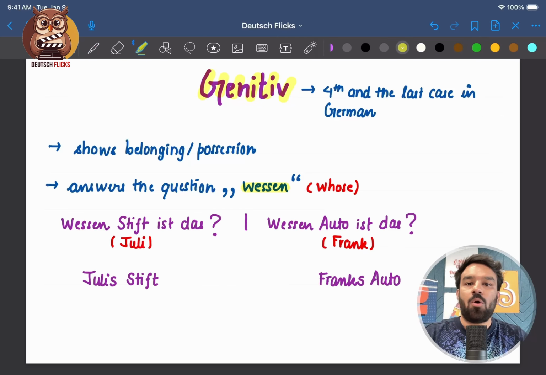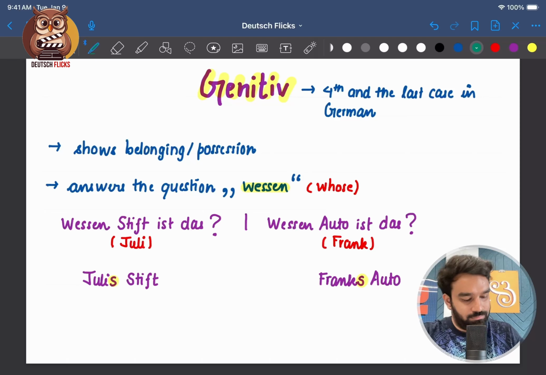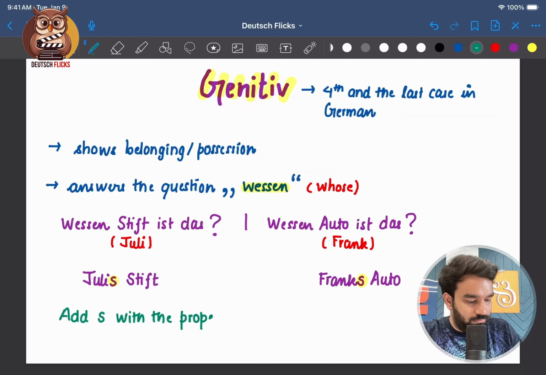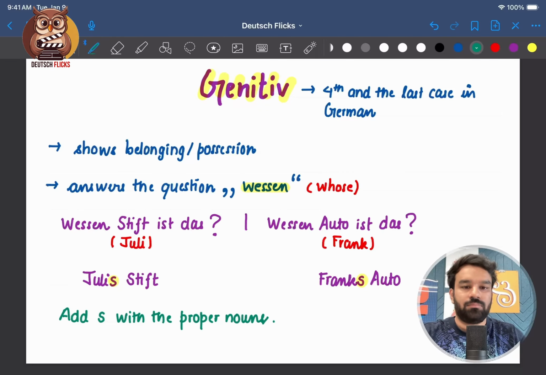So in German, all you have to do is attach S with the name. So the rule says you add only S with the proper nouns. By proper nouns, I mean name of a person, place or city. For example, Rahul is a proper noun or Germany is a proper noun, Berlin is a proper noun.